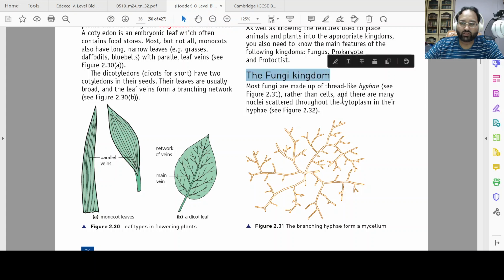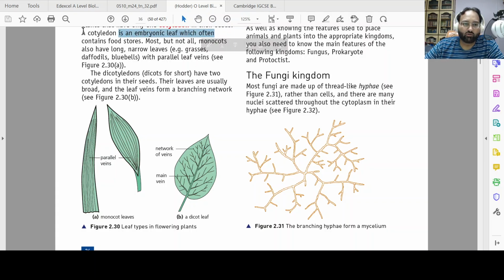I have a question. In the dicot, the cotyledon, if I'm pronouncing it right, it has two seeds of it? So a cotyledon is an embryonic leaf which often contains food stores. A monocot has only one embryonic leaf.